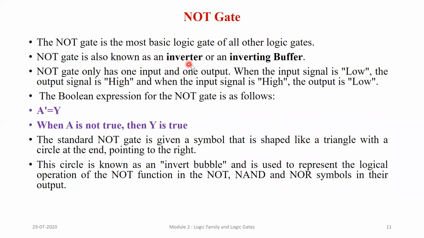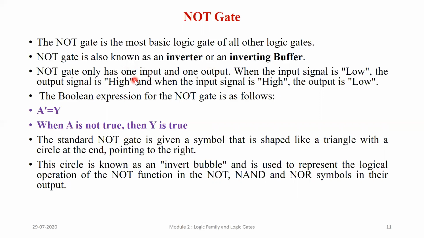Inverter IC means this NOT gate has only one input and one output. Whatever AND or OR gate we studied just now required minimum 2 inputs and there was an output. But NOT gate requires only 1 input and I have only 1 output.